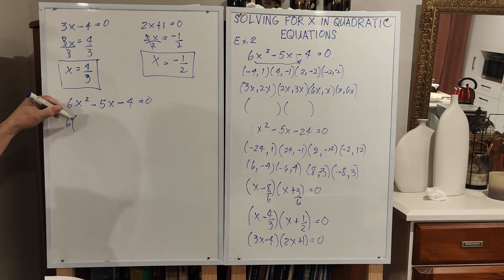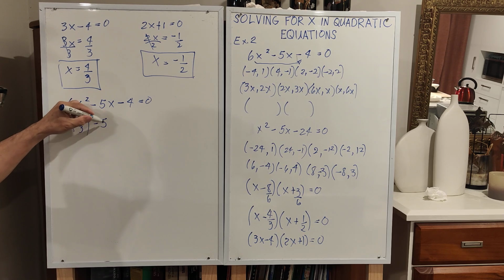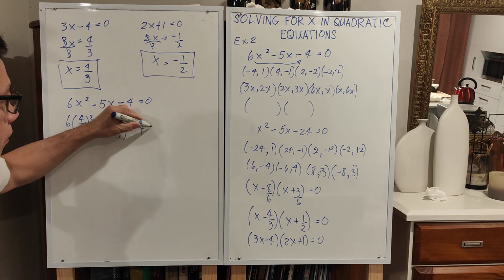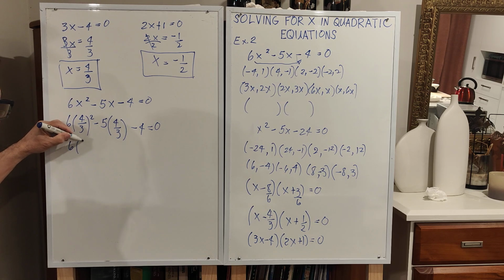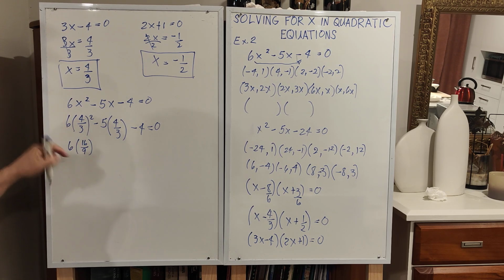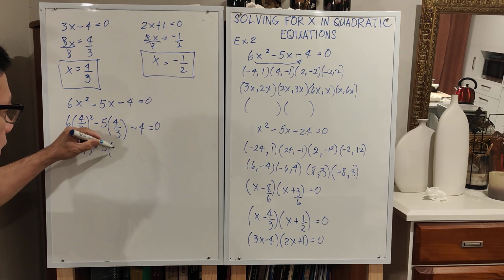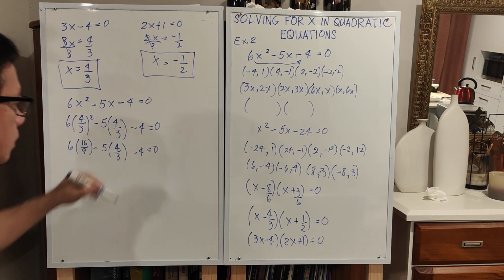So 6 times 4 over 3 squared minus 5 times 4 over 3 minus 4 is equal to 0. So this becomes 6 times 16 over 9, we're squaring 4 over 3, minus 5 times 4 over 3 minus 4 is equal to 0.